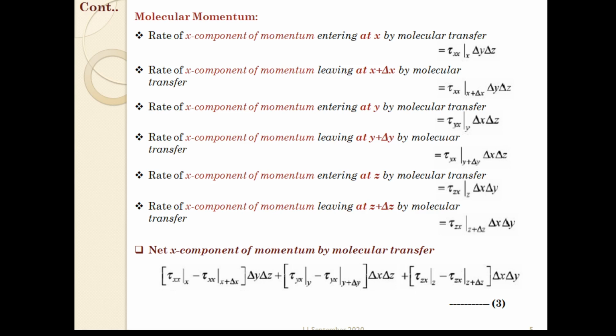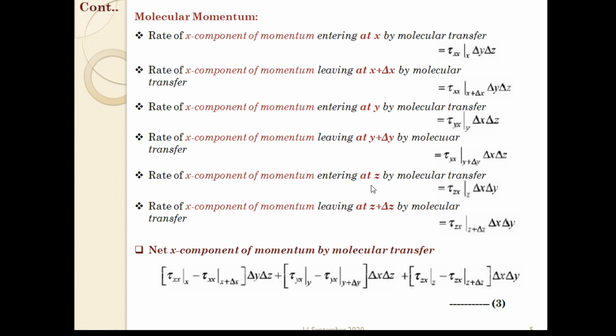Tau yx means the y direction has the matched surface area, that is del x del z, and tau yx is the x component of momentum getting transported into the y direction.